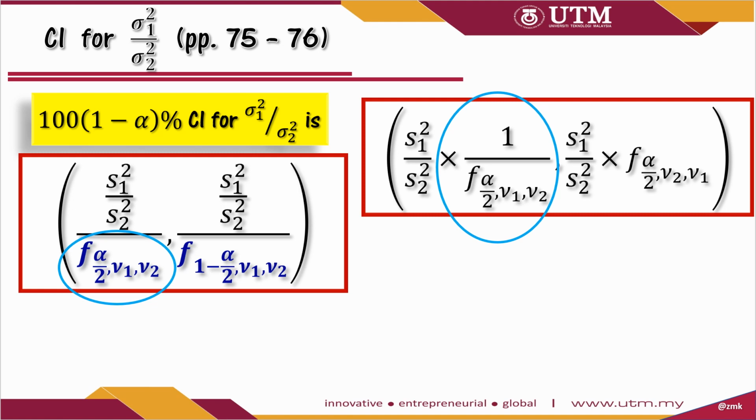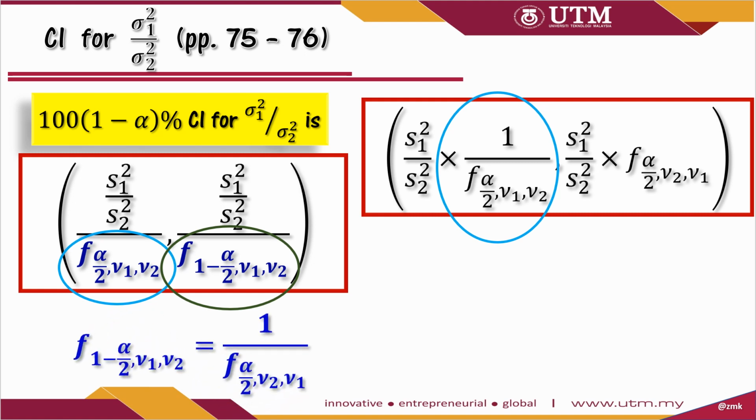For the upper limit, the denominator f 1 minus alpha over 2 nu1 nu2 score is not available in the stats table. Therefore, we can replace it with 1 over f alpha over 2 nu2 nu1. Replacing this expression in the upper limit of the confidence interval, we then get the upper limit to be s1 squared over s2 squared times f alpha over 2 nu2 nu1.